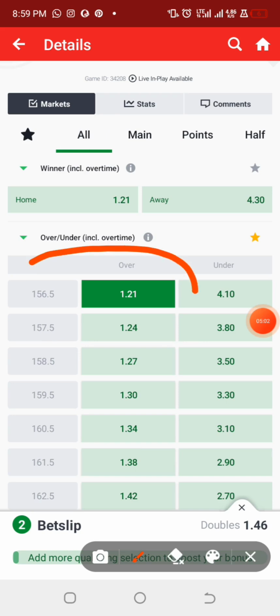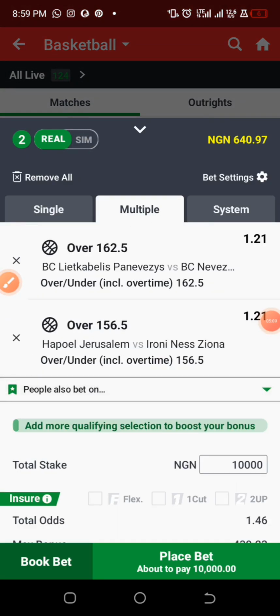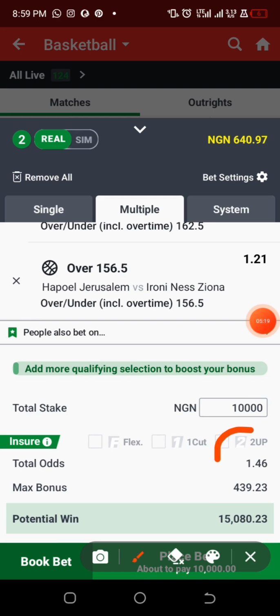Exactly, the bookmakers are providing 156. Out of the five games that we predicted, we actually risked just three of them, and these are the absolute legitimate basketball predictions for tomorrow.